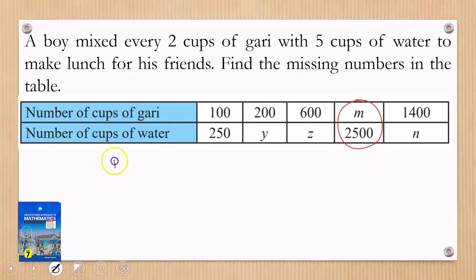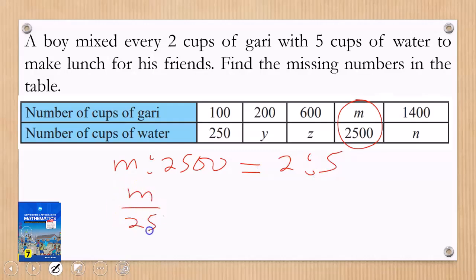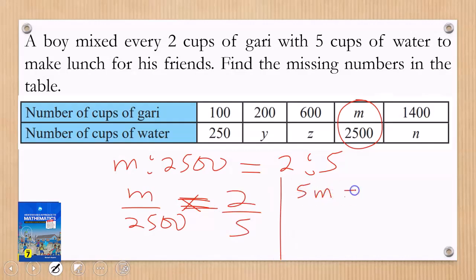Okay, so we can do the same thing to find the value of m. This time, it is m is to 2,500, and we are going to compare that to 2 is to 5 again. So we have m over 2,500 equated to 2 divided by 5. With cross multiplication, I have 5m is equal to 2,500 times 2.